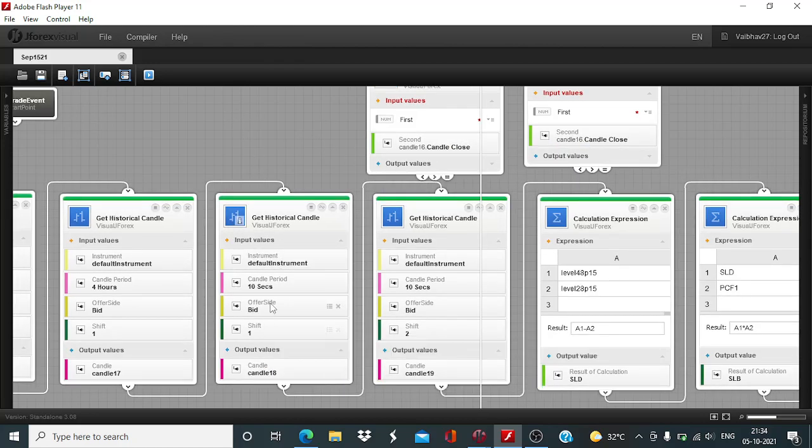Candle 18 has the look back period of 1, so it needs to have closed lower compared to the candle 16.